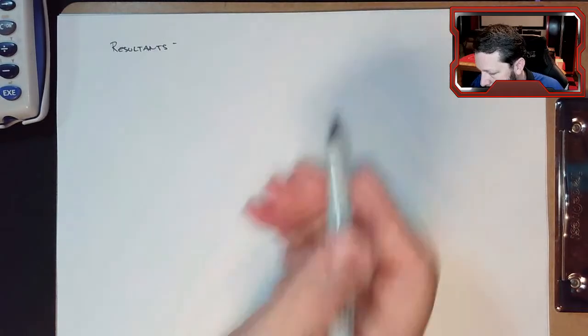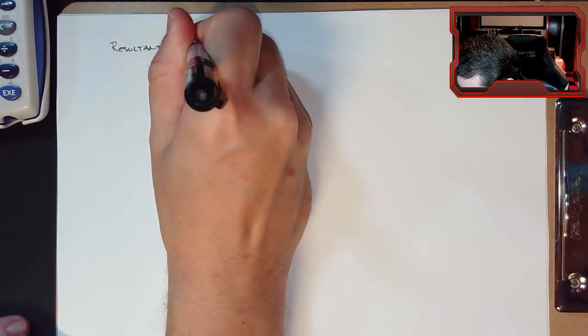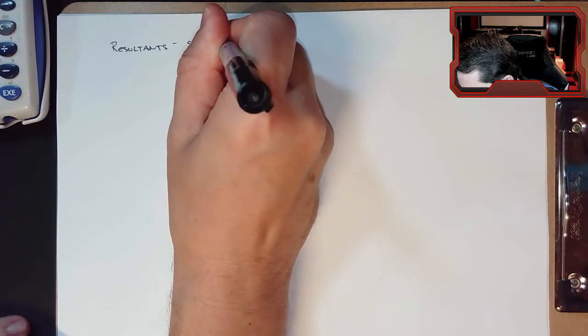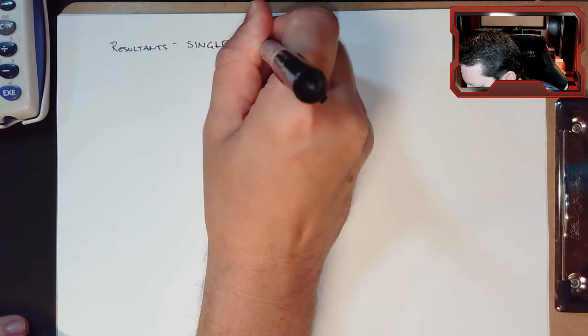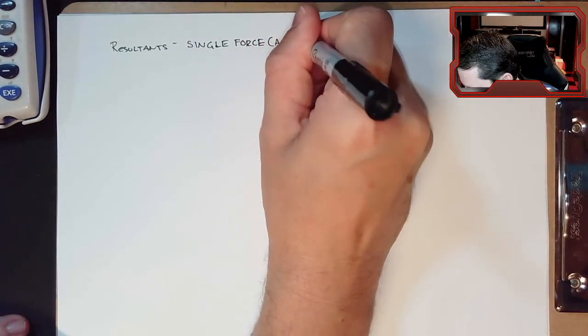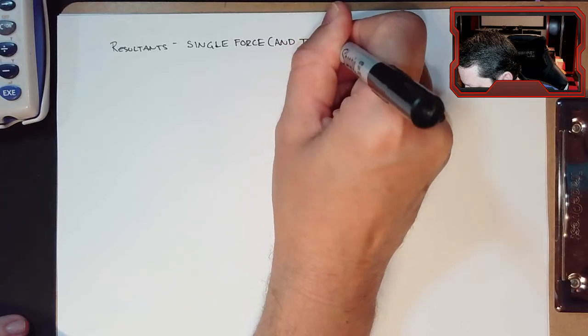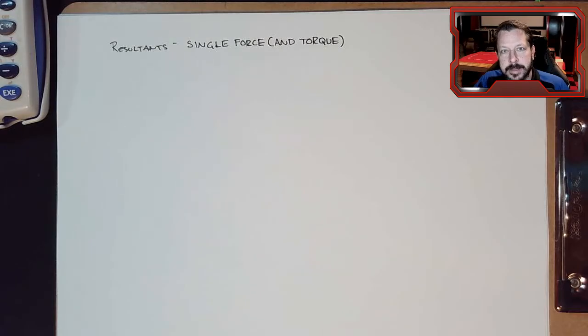So I'm going to define a resultant as a single force, and I'm going to put in parentheses for now, and a torque. So remember, torques, moments, those are trying to rotate something. We're not looking at rotation just yet in this course, so that's why I put it in parentheses.